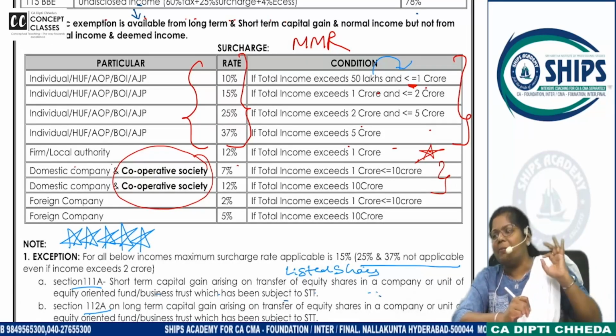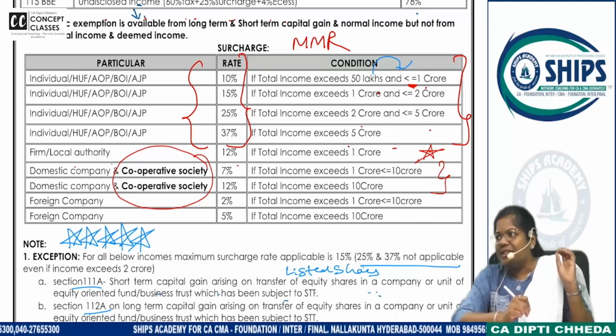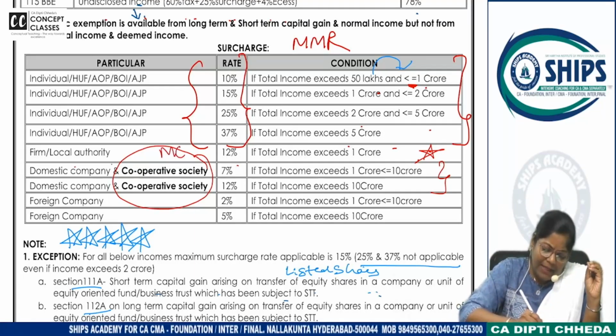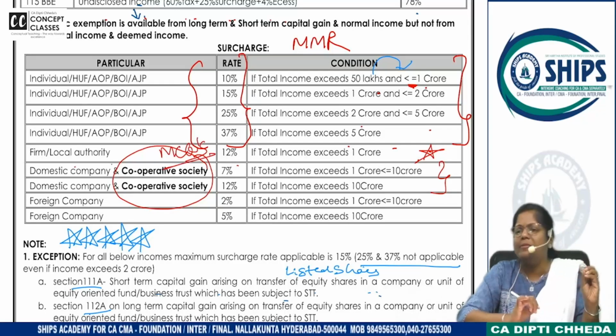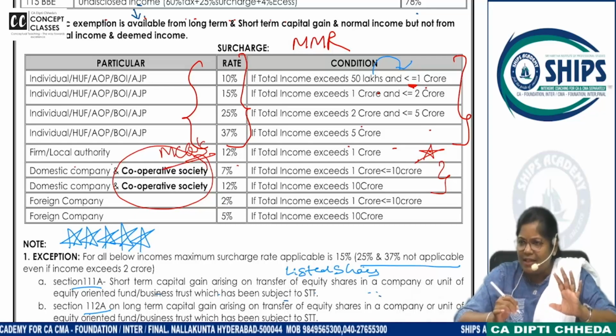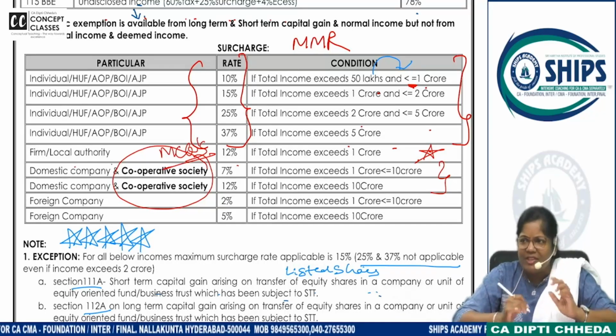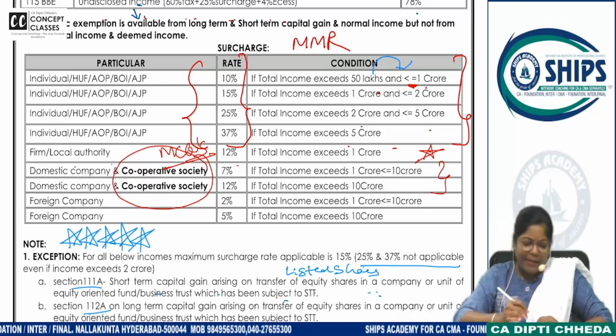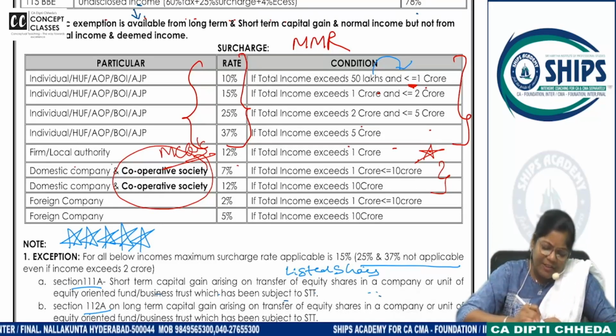Cooperative societies are paying from this year surcharge same as domestic company. Mark it, very important for MCQs. Cooperative society was different till last year. From this financial year 2022-23, cooperative societies will pay the tax surcharge same as domestic companies.